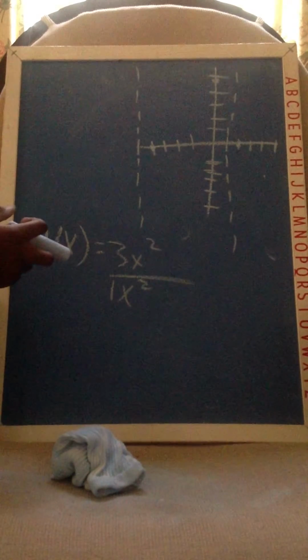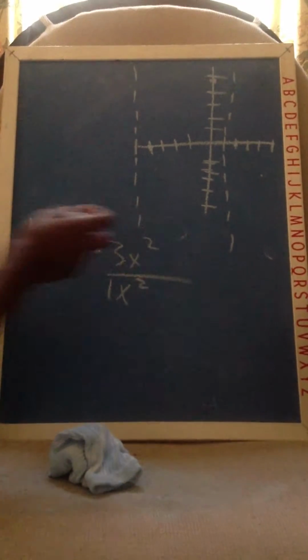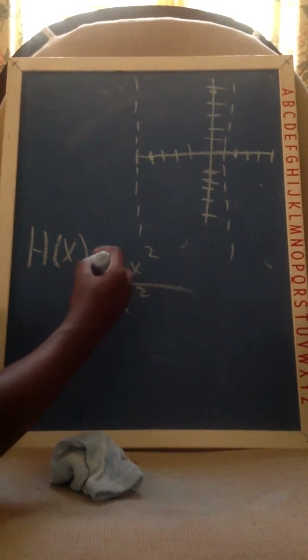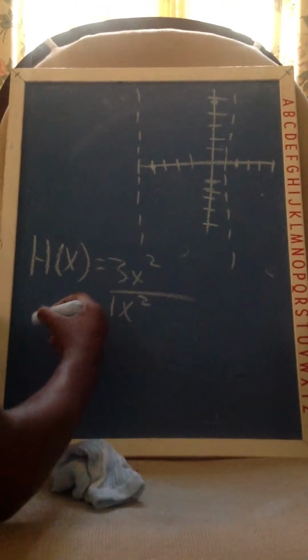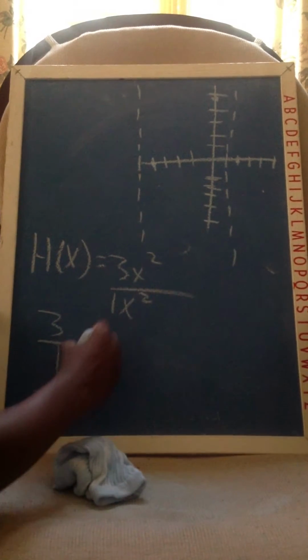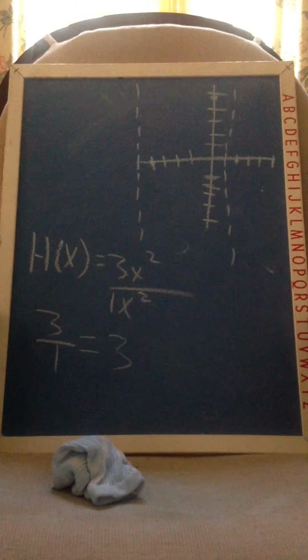As you can see, the polynomial degree in the numerator is equal to the polynomial degree in the denominator. So when this happens, the horizontal asymptote equals the ratio of the coefficients of the numerator and denominator in the function. So the ratio would be 3 to 1. When you divide this, you get 3, and 3 would be your horizontal asymptote.